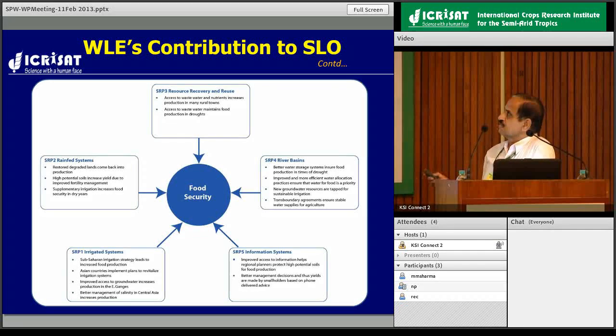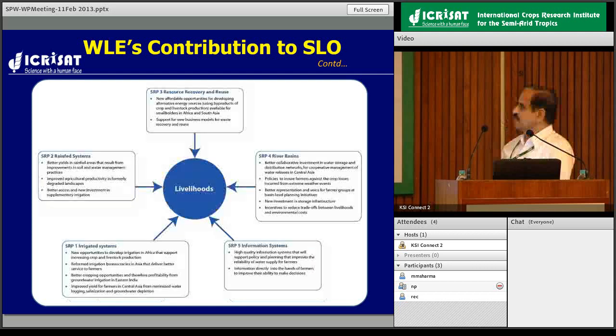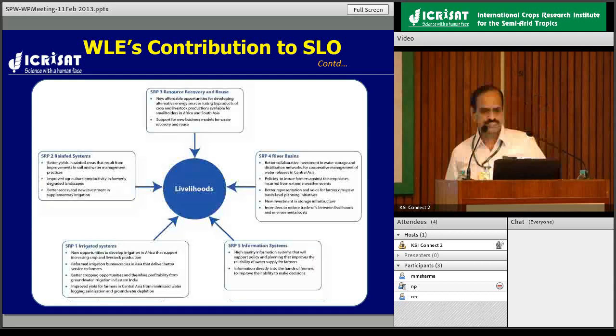In this case, basically the water which is wasted from the industries as well as the domestic wastewater, how successfully it can be used for irrigating agriculture safely, so that health and other aspects are addressed properly. Same way is the irrigated systems in terms of enhancing the efficiency of the irrigated systems. That is the blue water we are talking about here, through governance and participatory management and integrated water resource management to achieve the purpose of food security.